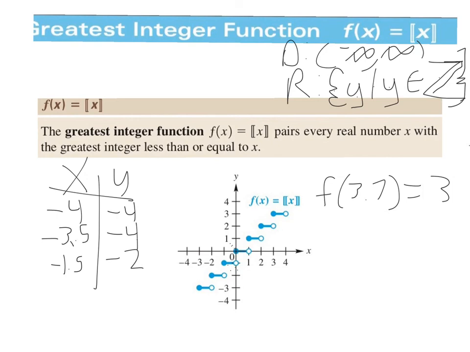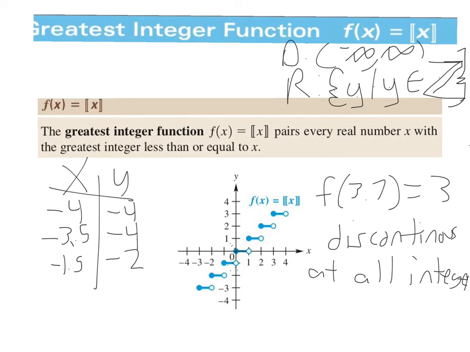And it's discontinuous at all the integer values, like -3, -2, -1. We know it's discontinuous at all the integer values because you have the open circles.